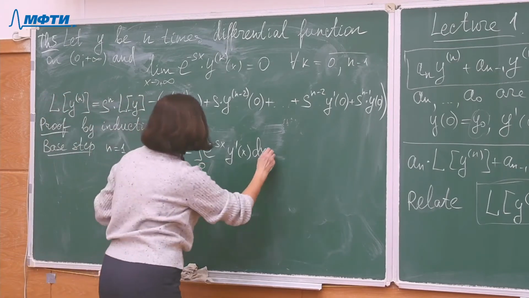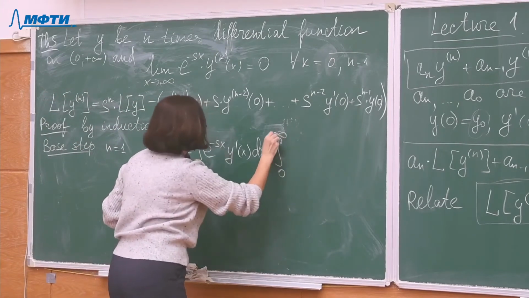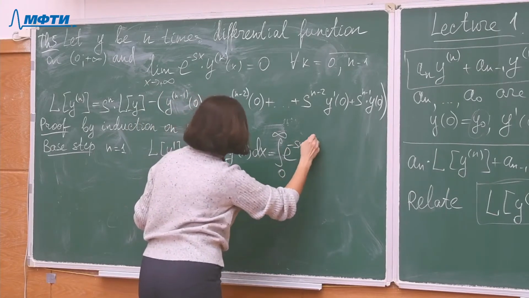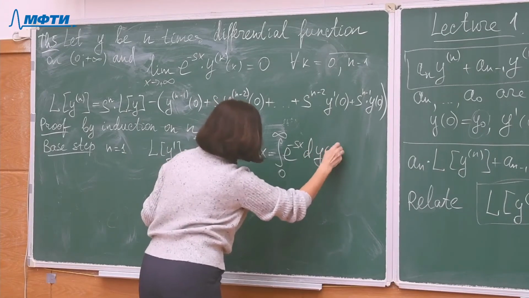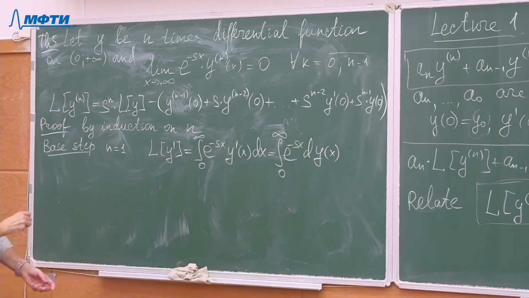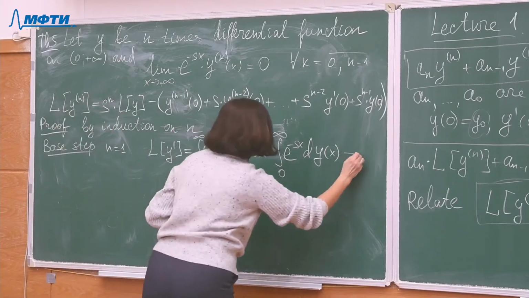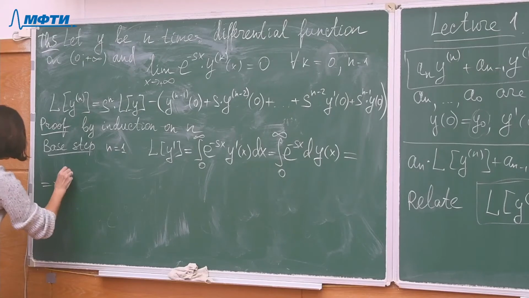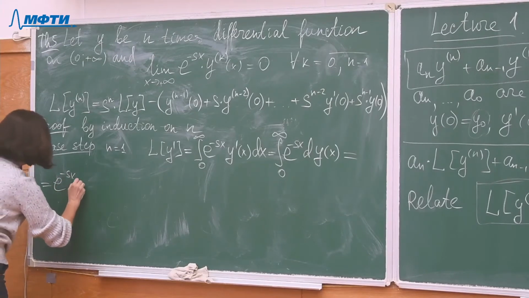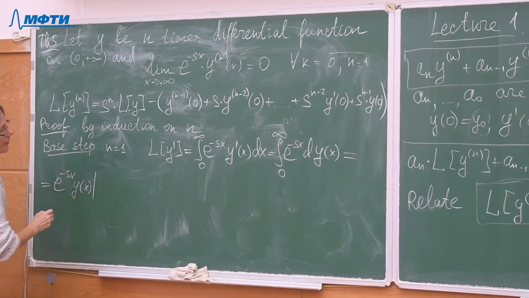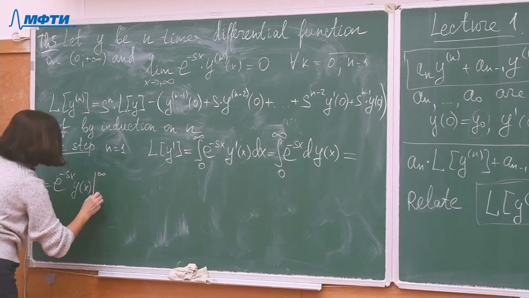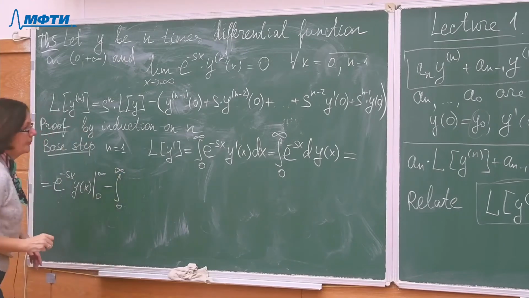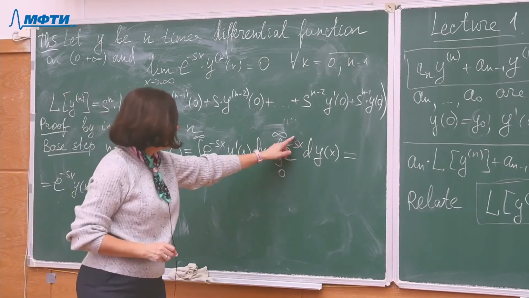So we will rewrite this as the integral from 0 to infinity e to the power minus sx dy of x. And by integration by parts, it is equal to e to the power minus sx y of x from 0 to infinity, then minus, then we should differentiate this function.